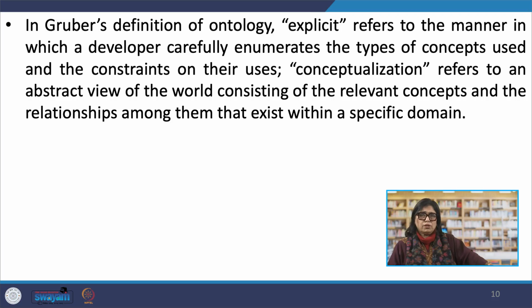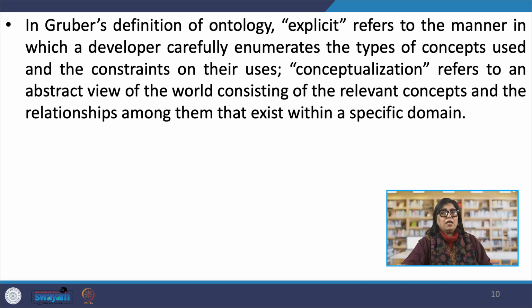In Gruber's definition of ontology, explicit refers to the manner in which a developer, meaning a researcher, carefully enumerates the types of concepts used and the constraints on their uses.